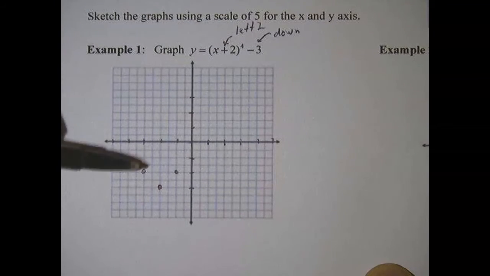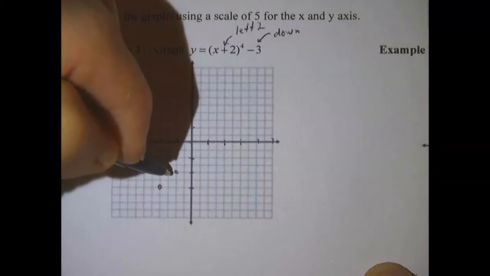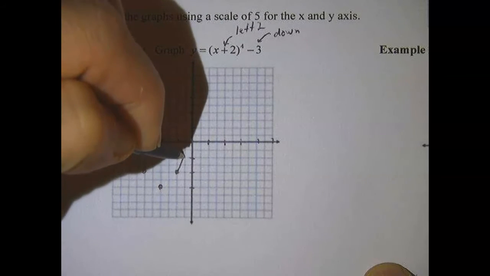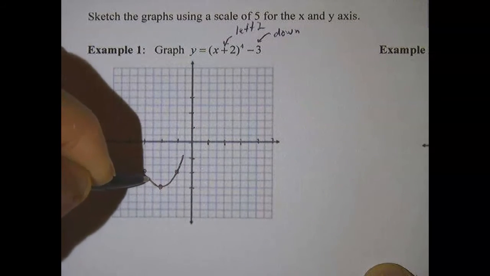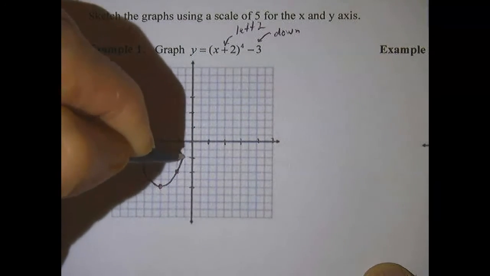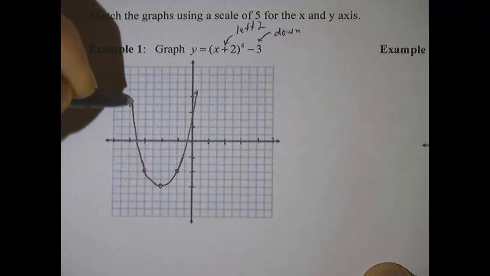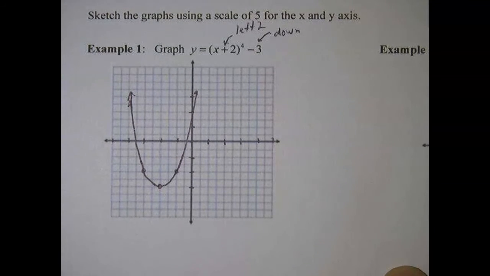We're not going to bother with that because it's probably off the chart anyway. So we're just going to make it a little bit steeper than normal, hugs the axis a little bit more because it's fourth degree. And I don't know if I accomplished that or not, but I do want to make it look a little bit steeper. And there you go. So that is all you need to do. You're basically just graphing a parabola, not much different.